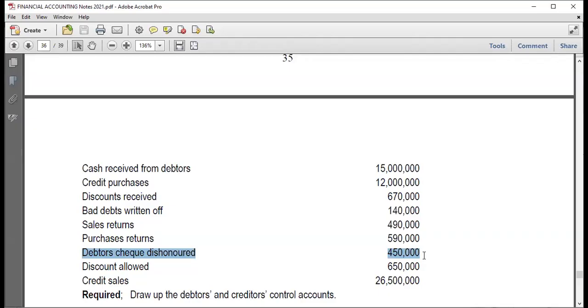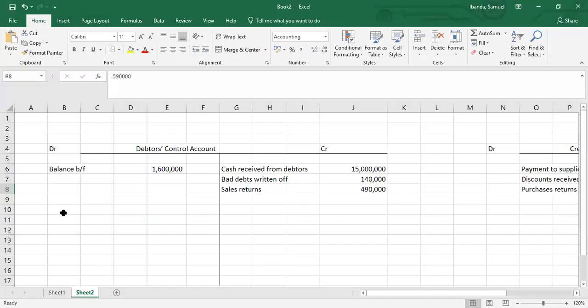Basically, our debtors are re-increasing. The reason why they are re-increasing is because the check has not paid us, okay? They have actually not paid us. So what I'll basically do, I'll come here and debit my debtors control value. So this is 4,450,000, okay? So go back.